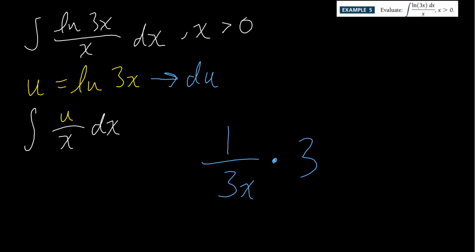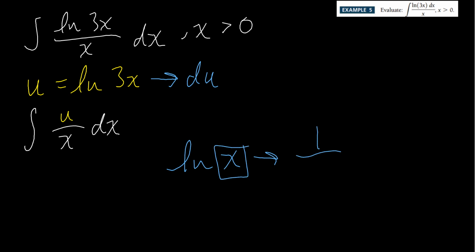Just to recap, the derivative of the natural log of x is going to be 1 over what the argument is, so 1 over x. And then, of course, if we have a 3x here, we have to use our chain rule.